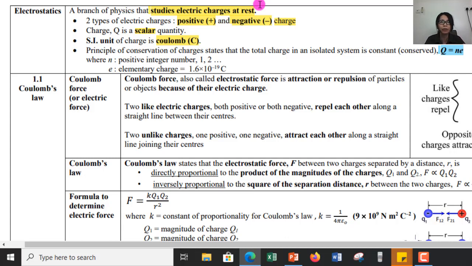Elementary charge refers to the fundamental charge, or what we call the most basic quantity of charge that can be carried by one proton or one electron, because we know electrons and protons are the smallest elementary particles. So, elementary charge is the charge carried by one proton or one electron. The value of the elementary charge is given by 1.6 times 10 to the power of negative 19 coulombs.